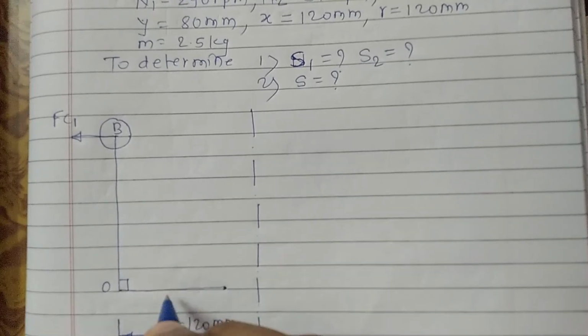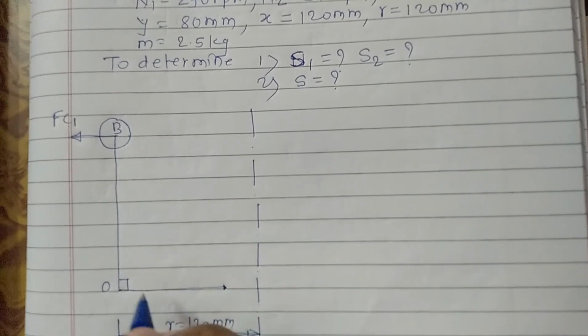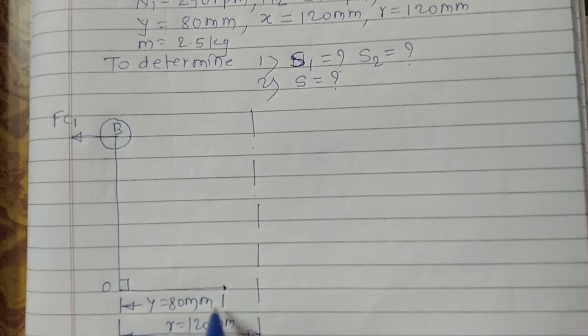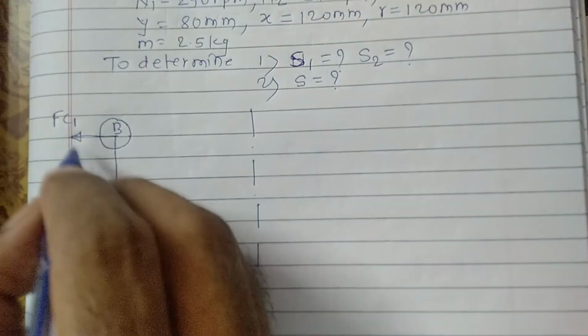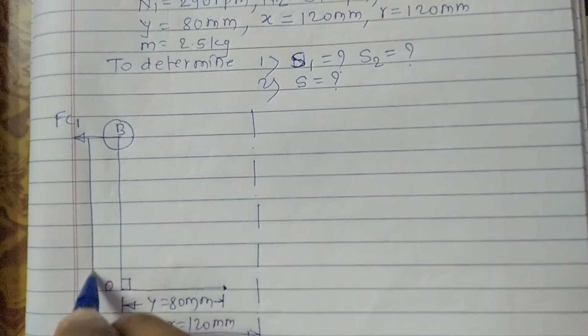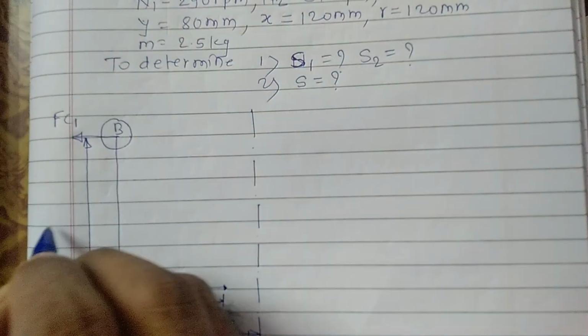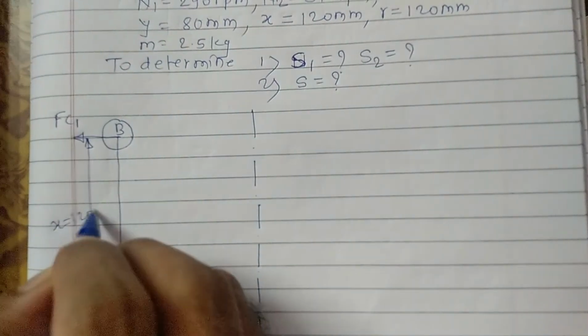What about this one? The given y is 80 mm. This indicates the 80 mm. x is given as 120 mm.